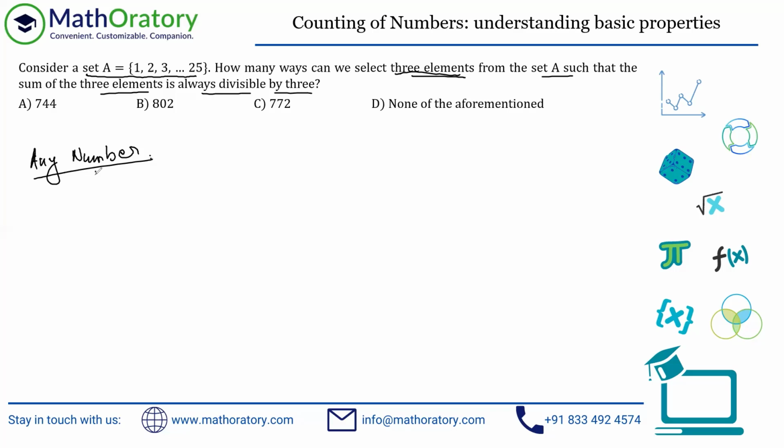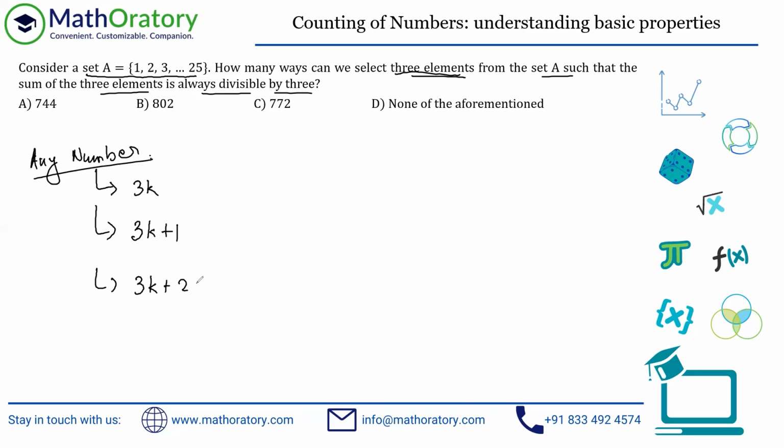So any number can be represented in 3 forms, either 3k or 3k plus 1 or 3k plus 2, where k is a certain integer, a natural number to be a little more precise in this context. So 3k is basically those numbers which are multiples of 3. 3k plus 1 implies that when you divide by 3, the remainder is 1, right? k is the quotient. Similarly, 3k plus 2 indicates all those numbers which give a remainder of 2 when divided by 3.